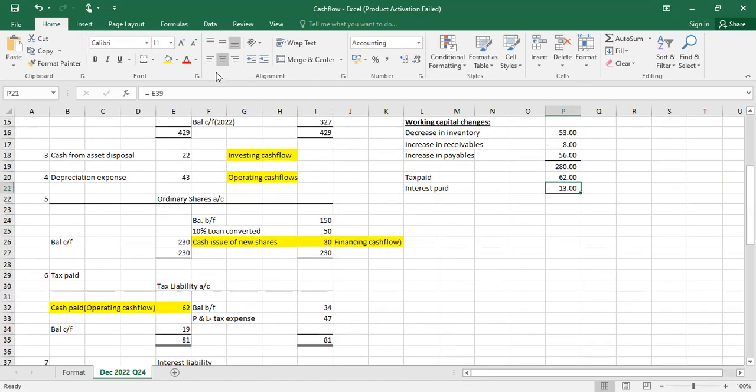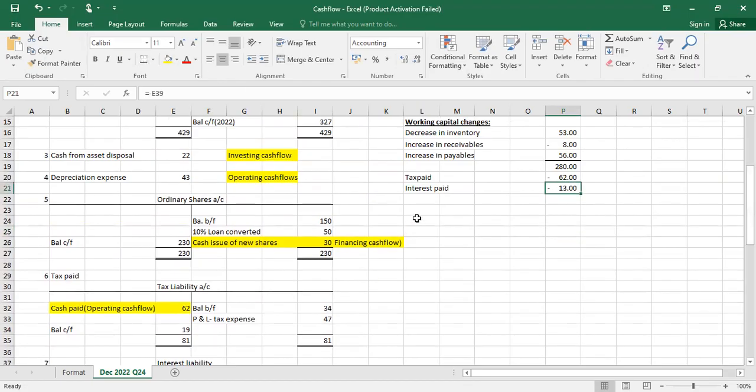If that is it, then again we can add them. And if we add them, we get the net operating cash flows. Remember that now comes under the second amount column.